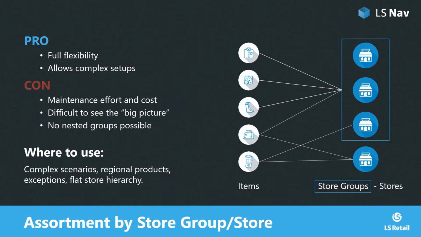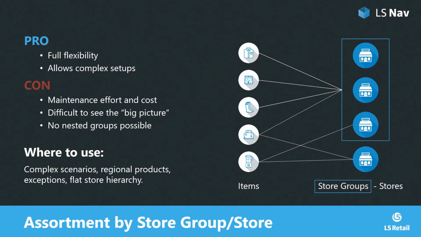So let's recap again what we have seen. The store group and store approach gives you full flexibility and allows all types of setup, exceptions, regional products, high variance in store assortments. You can do it all. The strength of this approach is also its weakness. The maintenance effort can be quite high in scenarios with a lot of items and exceptions.